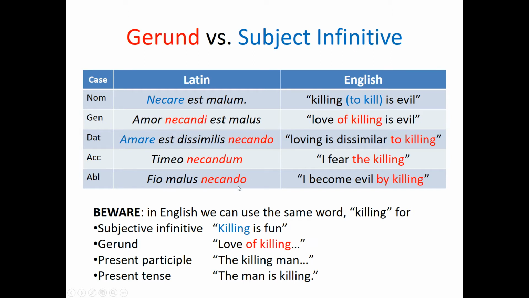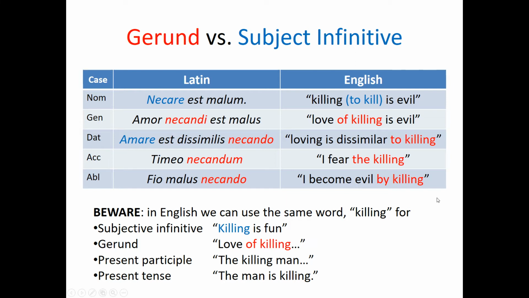And then by killing, ablative case, ablative of means here, with the gerund, necando, right? In this one, we have a subjective infinitive and a gerund, but I just threw that in just so you can see the same construction here and here. So basically, if you want to turn a verb, kill, run, jump, swim, whatever, into a noun, you can do that by making it into a gerund.